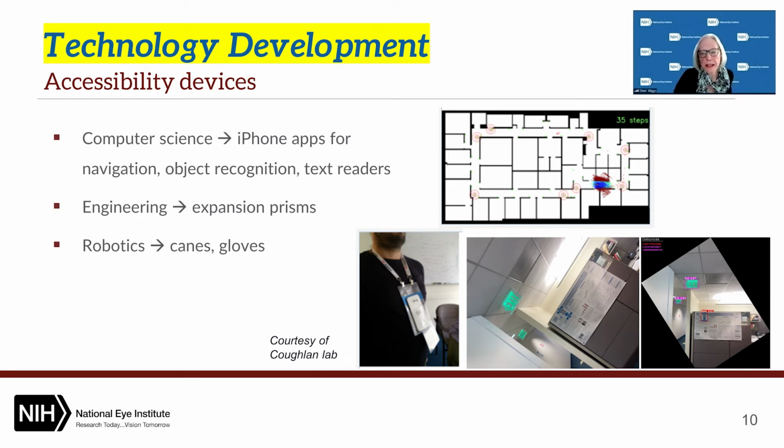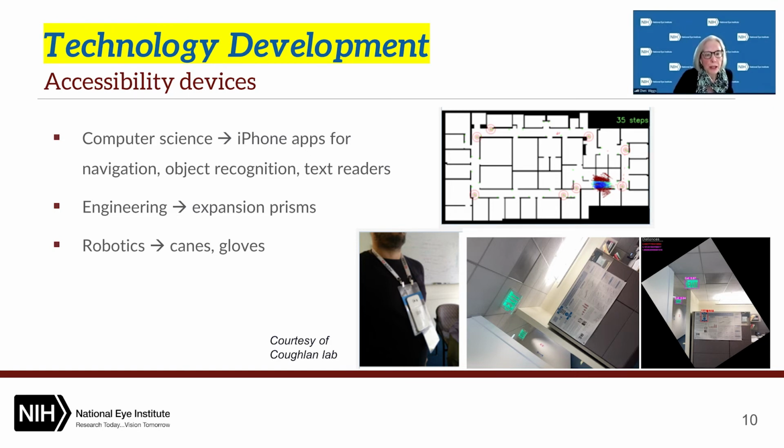There are other types of accessibility devices that are also being developed with NEI support. Engineering efforts have resulted in the development and refinement of expansion prisms for individuals with hemianopia. The prisms direct images from the blind spot to the functioning visual field, and then they serve to expand the patient's field of view.